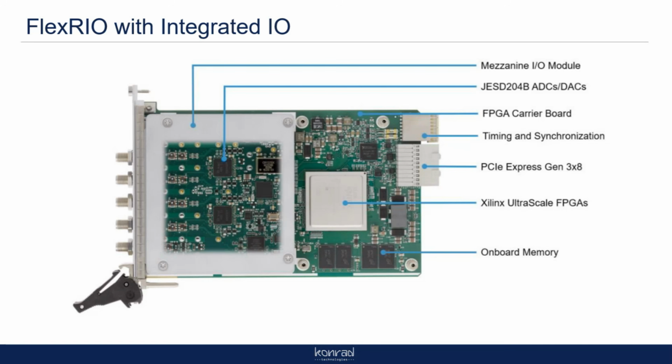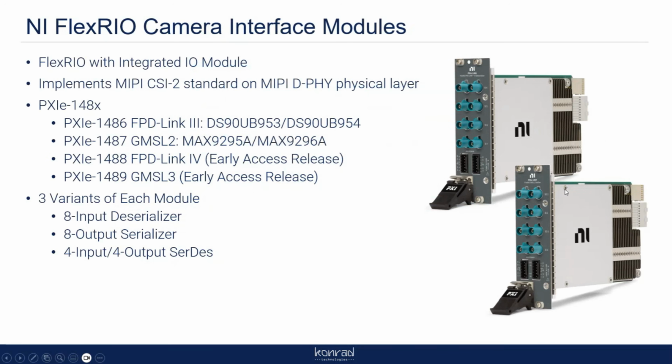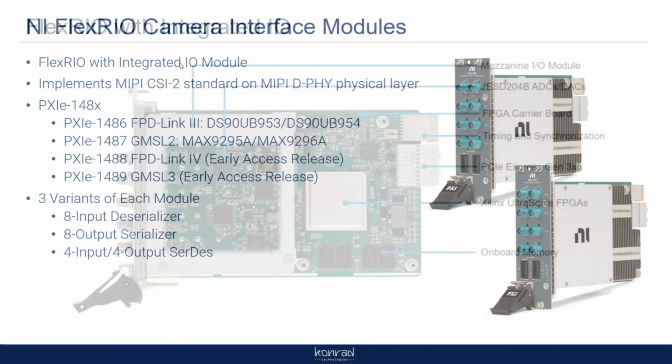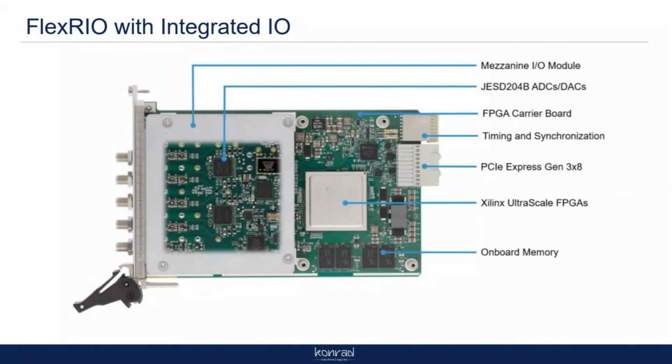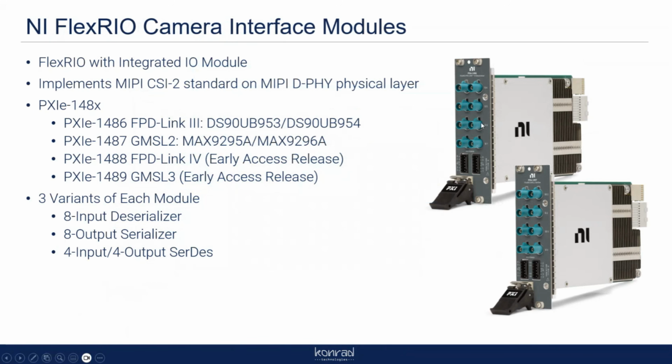But it's basically one of their standard FPGA cards that they changed the front end on. And so the FlexRIO camera interface modules is what NI calls their SerDes cards. And it's a FlexRIO with integrated IO, because there's two types. There's the integrated IO, and then there's one that has an external connector out front. And the integrated IO means it's right in there.